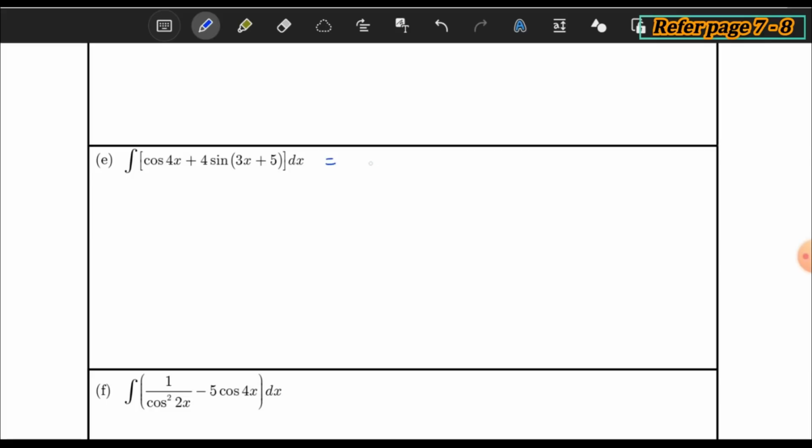Integrate cos 4x is sin 4x over 4, plus, for the constant, integrate sin is negative cos(3x + 5) over 3 plus c.